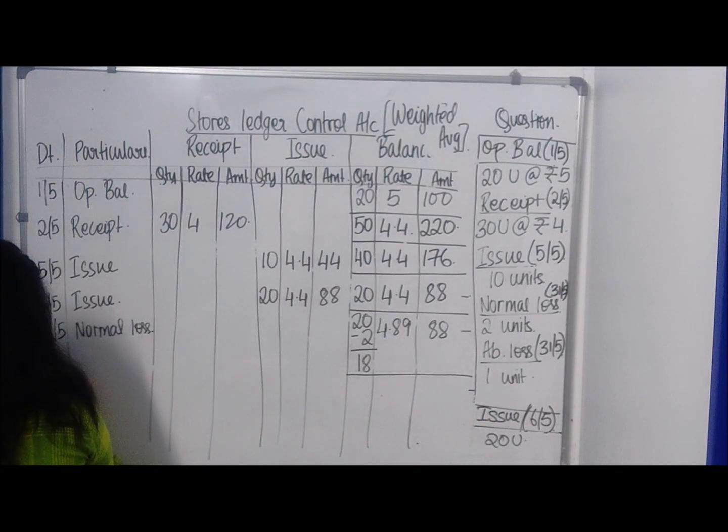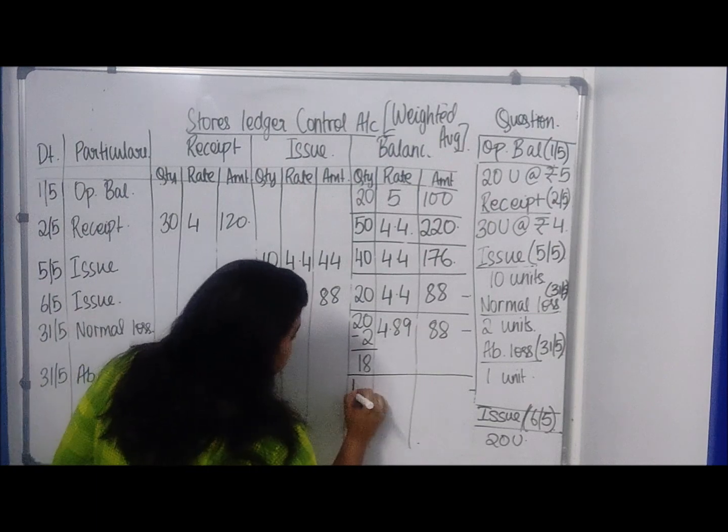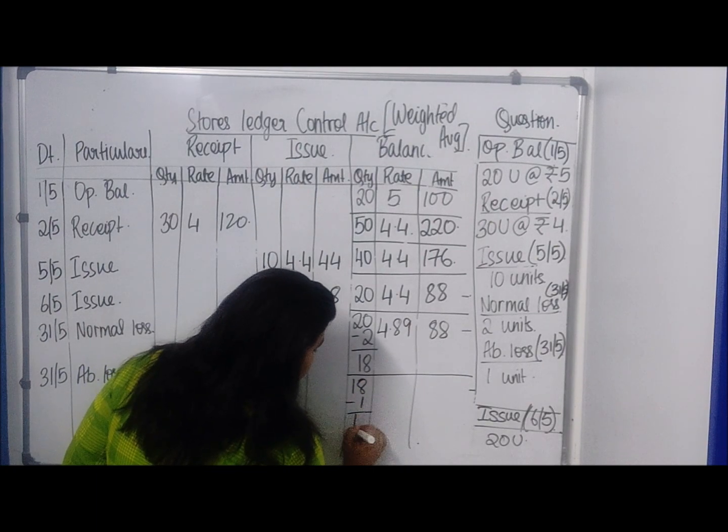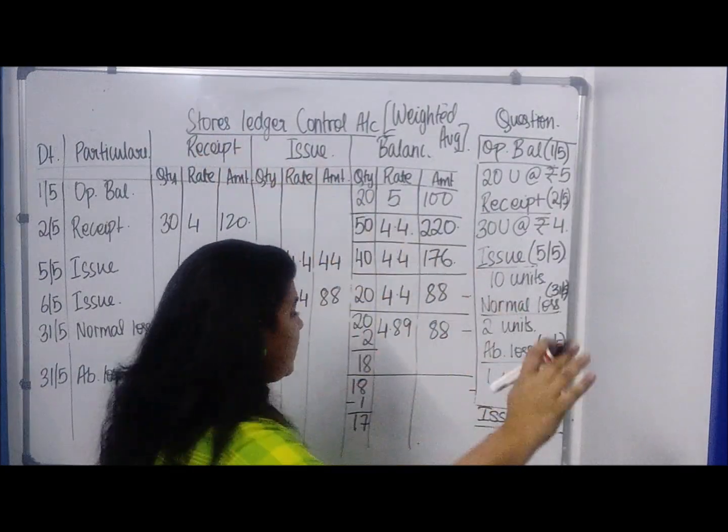Last, on 31st of May, abnormal loss, 1 unit. So 18 minus 1, that is 17 units. Abnormal loss, पूरा का पूरा cost भी बाहर जाएगा.